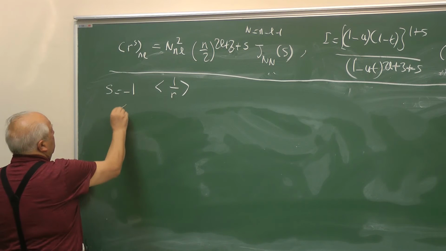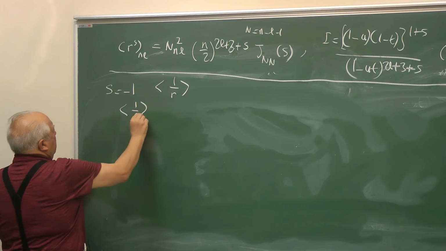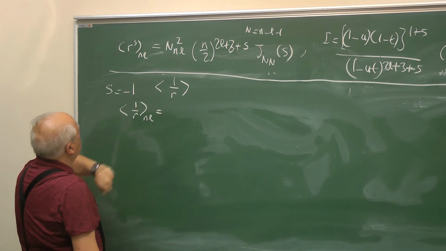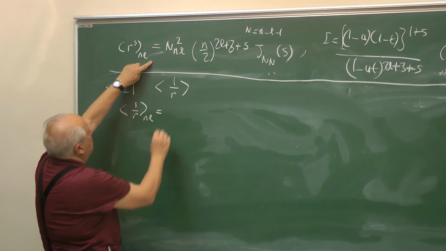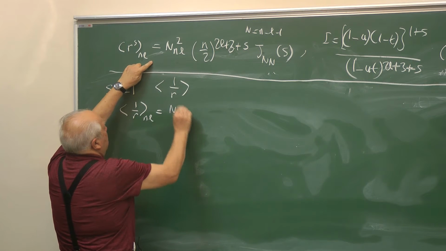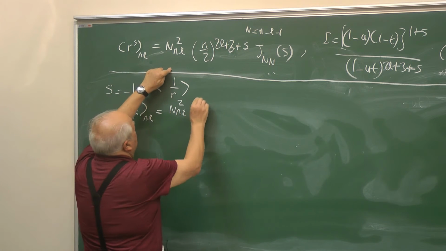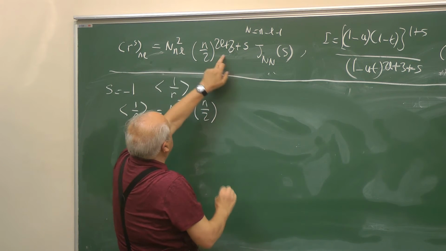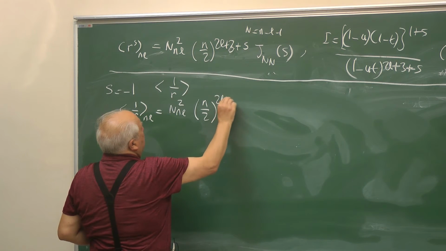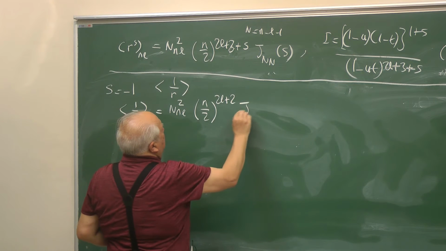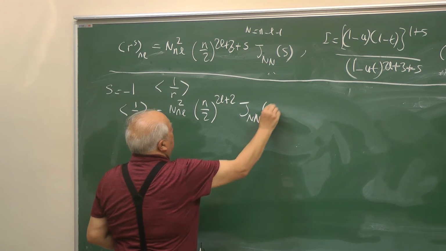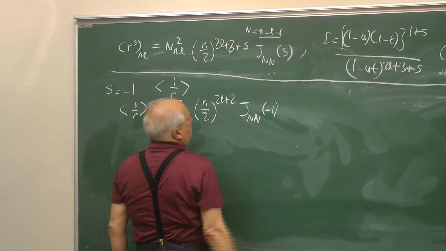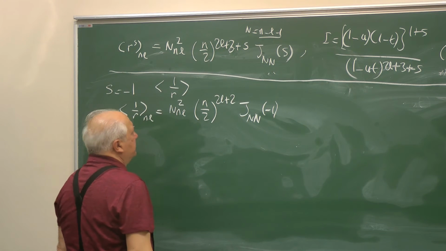So 1 over r in the state with principal quantum number n, orbital quantum number l. This is N² times n over 2, s is minus 1, so this is 2l plus 2 plus s, J_{n,s} with s equals minus 1, and n is again this n minus l minus 1.